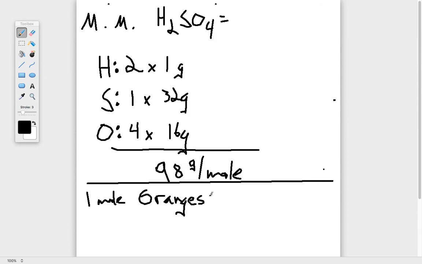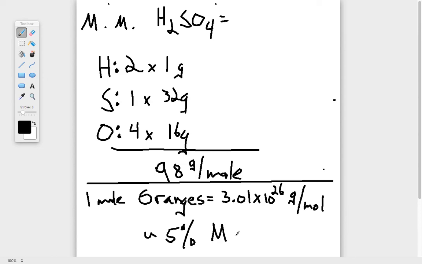If I gave you a mole of oranges, the mass would be 3.01 times 10 to the 26th grams, which is approximately 5% of the mass of the Earth. 5% the mass of the Earth. Well, that's why we talk about a dozen oranges and not a mole of oranges.